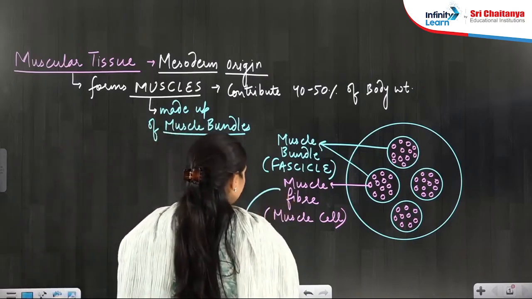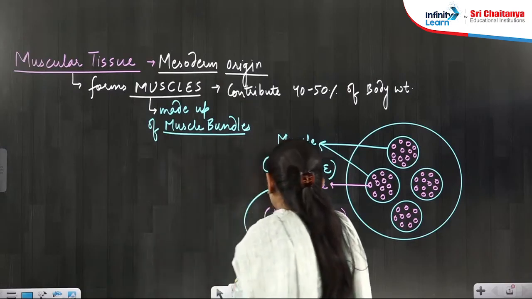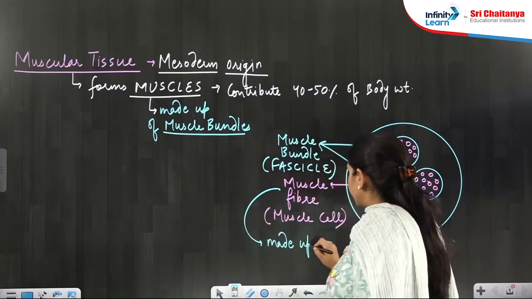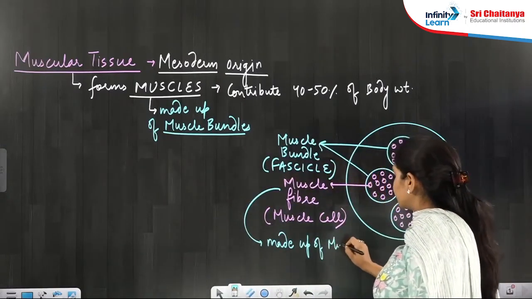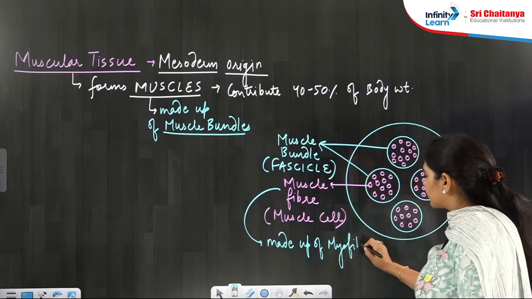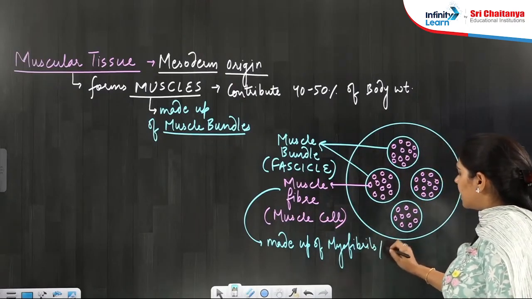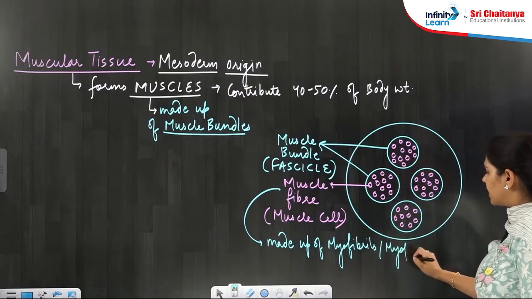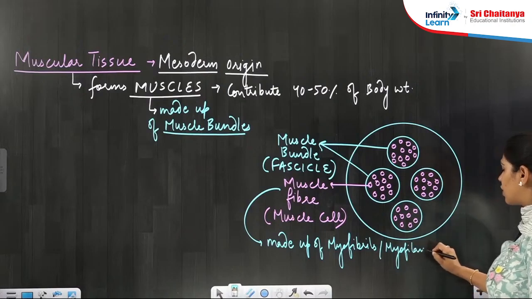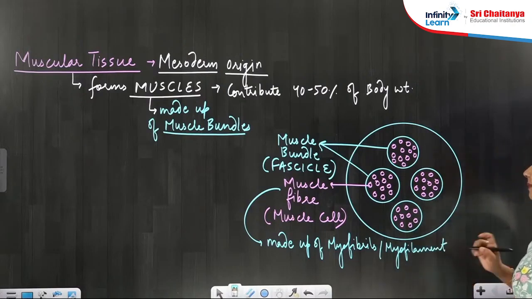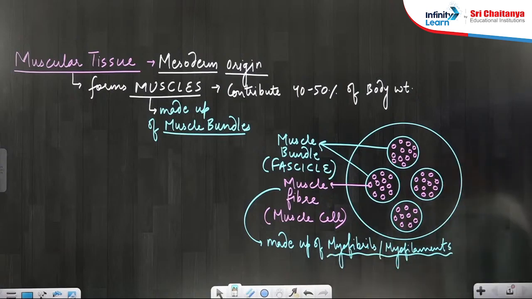This muscle fiber is made up of myofibrils, or you can say myofilaments. These myofilaments or myofibrils are made up of proteins, and there are two main proteins.